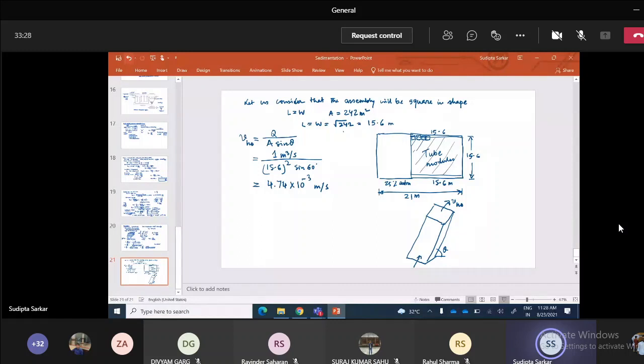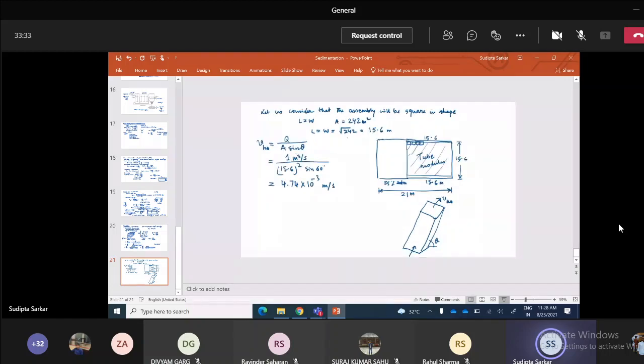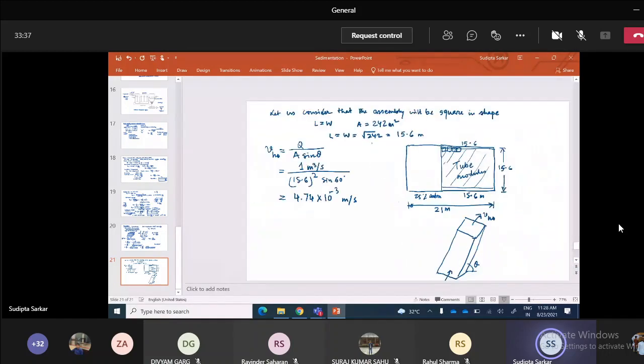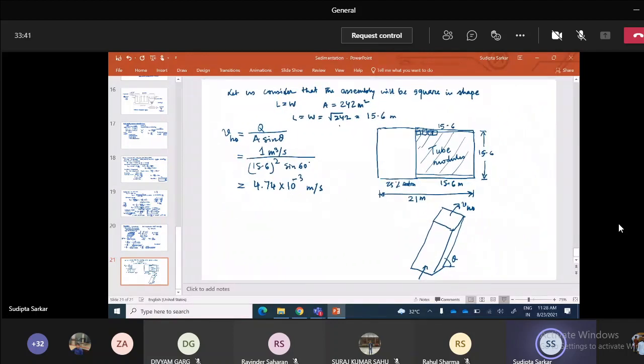Now we want to find out the Reynolds number. We have seen that the Reynolds number has a role to play here. How to find out the Reynolds number? First of all, we have to find out the hydraulic mean radius. So RH, think about this particular tube module, in plan view.